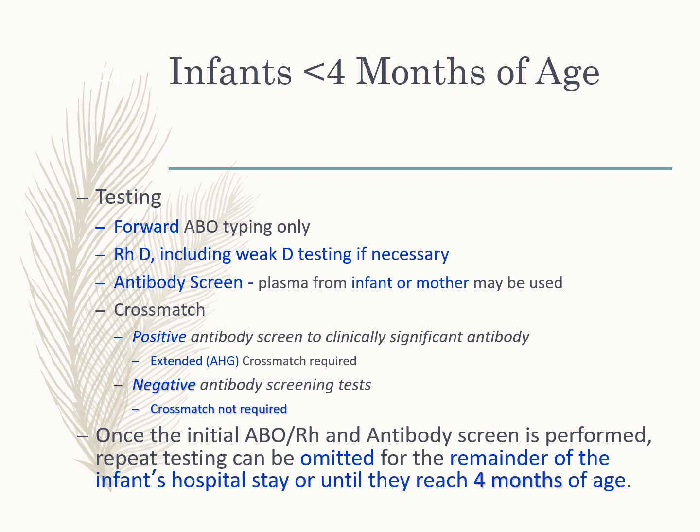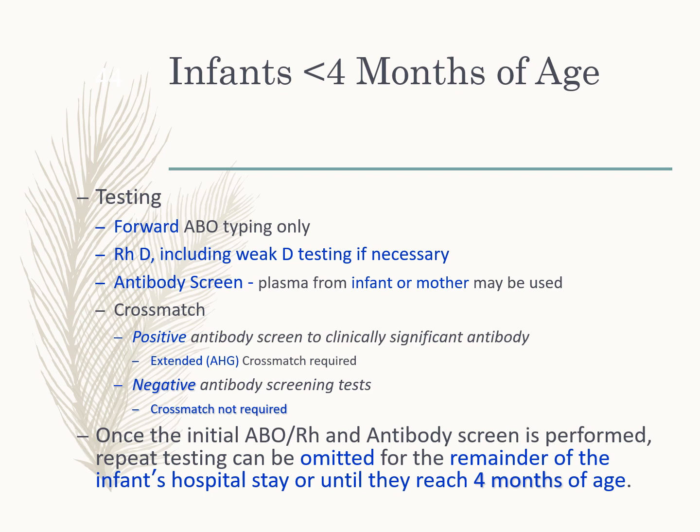So you would have to do an AHG or extended crossmatch. If you have a negative crossmatch or a negative screen, you do not have to do an extended crossmatch. But the screen and the crossmatch can be done from the infant or the mother's plasma.